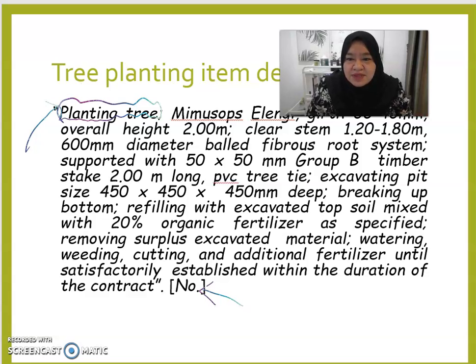Girth 30 to 40 mm. The overall height 2 meter. Clear stem is in a range of 1.2 to 1.8 meter. Diameter of ball fibrous root system. Support with group B timber stake. This is a support. And the tie.